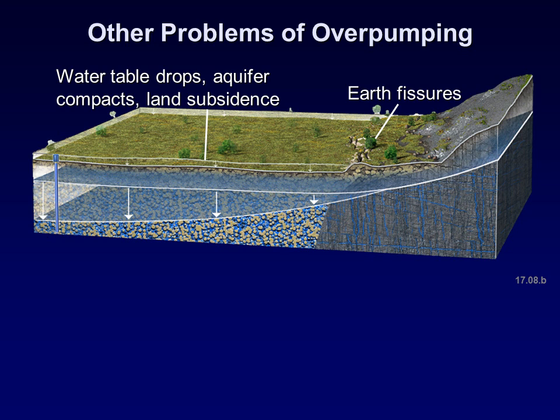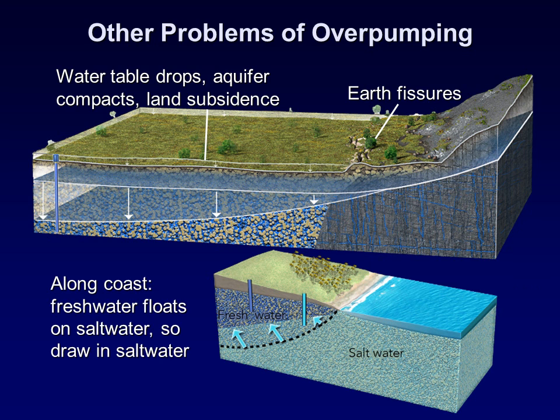And Queen Creek has huge earth fissures and other areas, and Phoenix is experiencing subsidence, meaning the whole area is getting lower in elevation. It's sinking as a result of drawing the water out of the pore spaces below the ground.